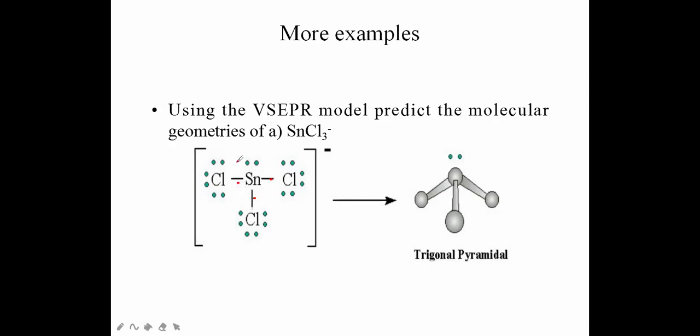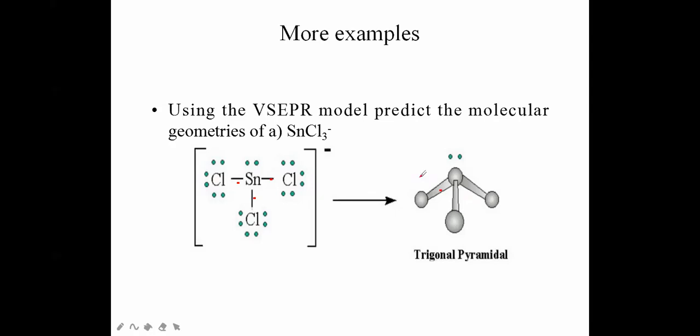But this lone pair will push these 3 further away. That is why in the structure of the SnCO3 we see the lone pair being further away from the bonded ones. It simply means that the lone pair has got a greater repulsion than the bonded pairs. The bonded pairs, as you can see, are closer to each other.